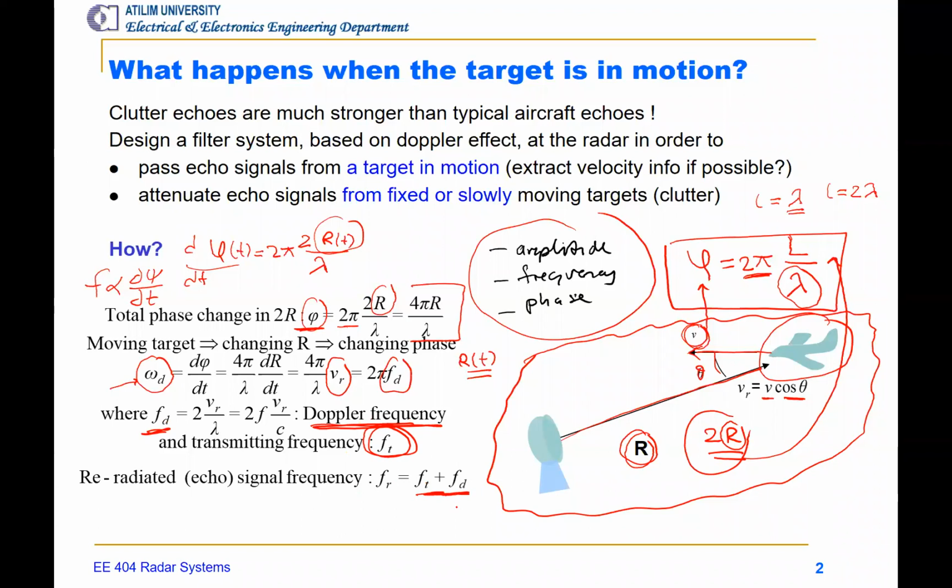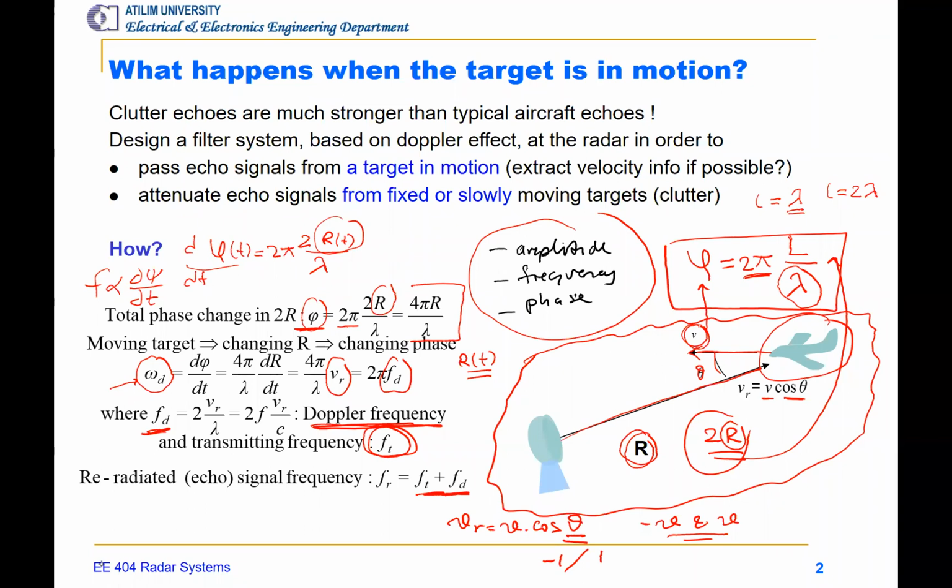And as you may see here, since the radial speed is dependent on the angle here, which is very critical, then the Doppler shift might be varying in proportion between minus v and v, as cosine would take the values of -1 to 1.